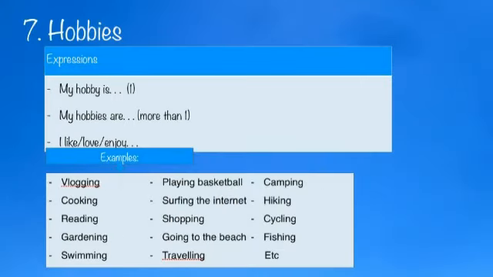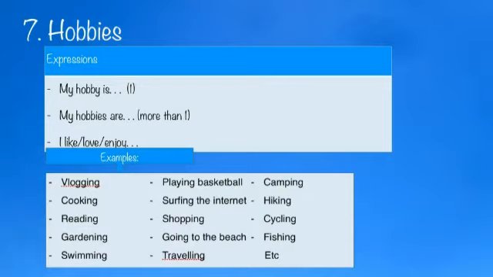Well, the last thing we need to mention is hobbies. You can mention one or more than one hobby. The difference is in the verb. If you want to mention only one hobby, then you have to use this expression. My hobby is cooking.